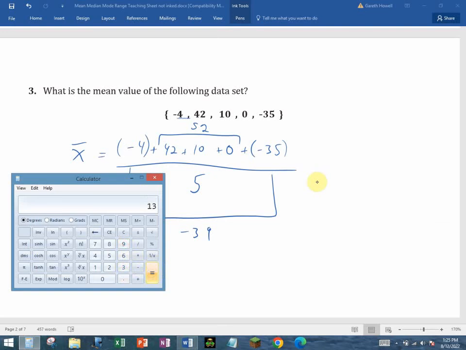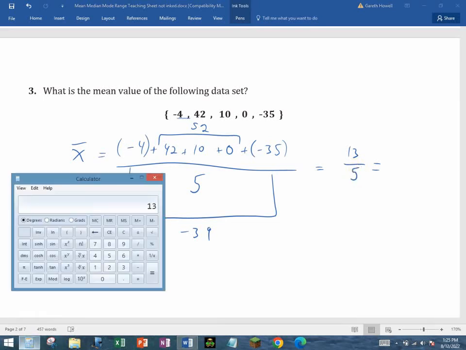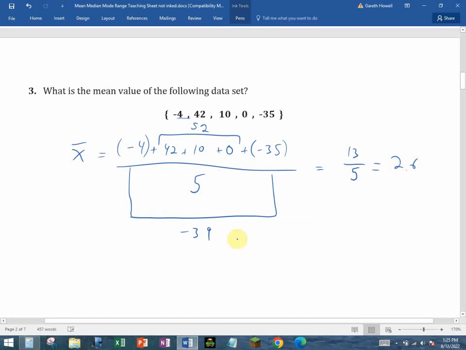And that leaves me with 13. So I end up with 13 over 5. Again, for some of these values, it would be best to use a calculator to be very accurate. So 13 divided by 5 is 2.6 this time. So my mean, my average, is 2.6.